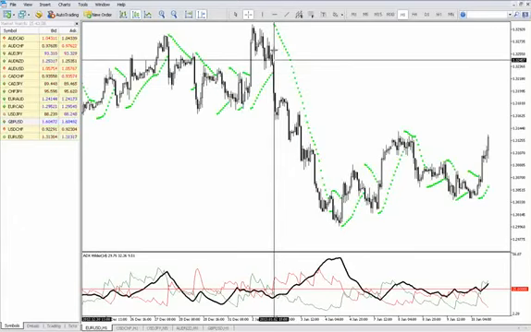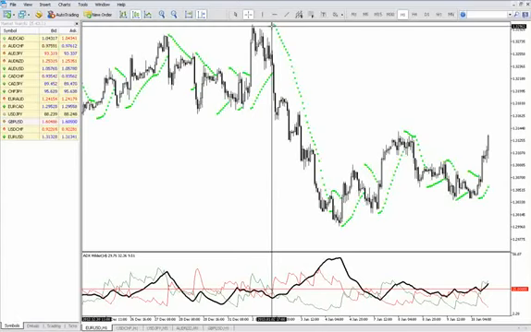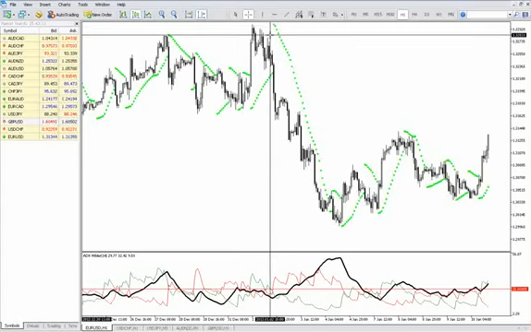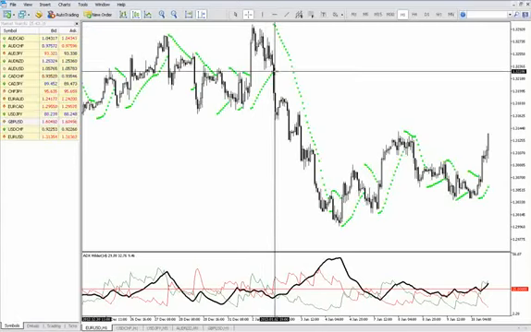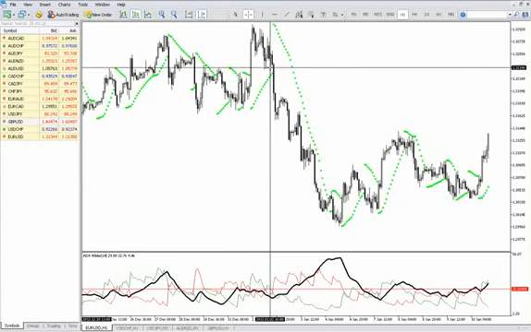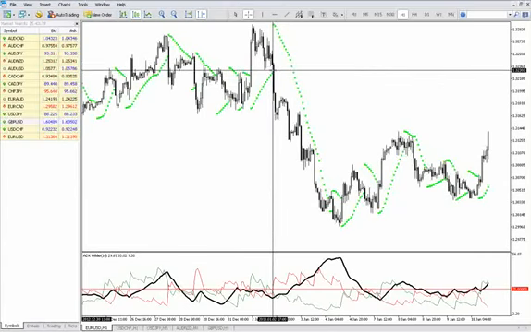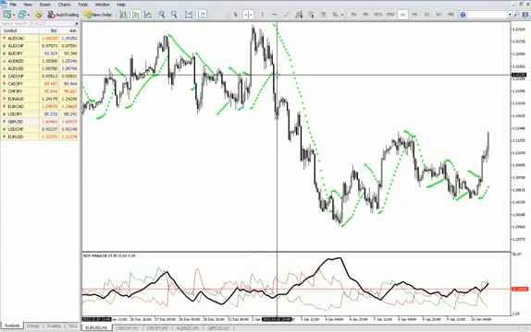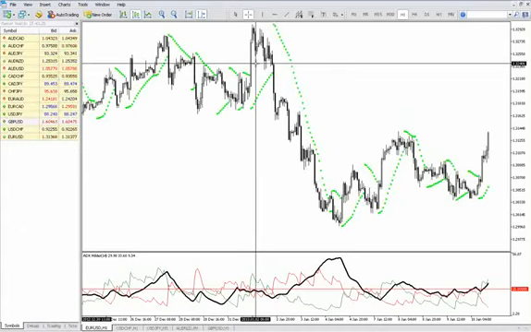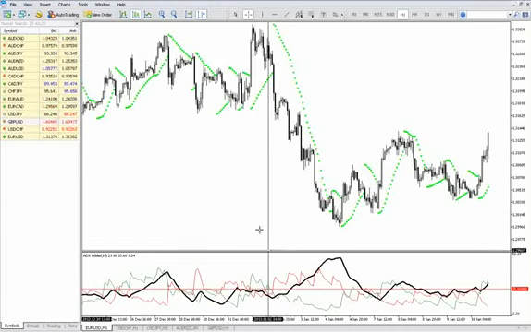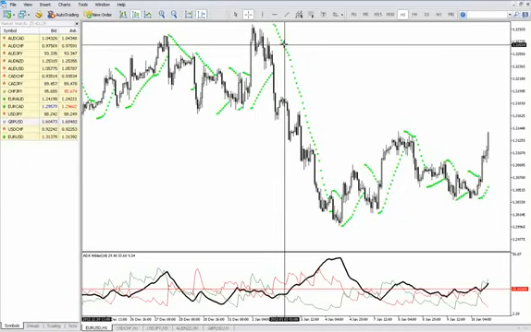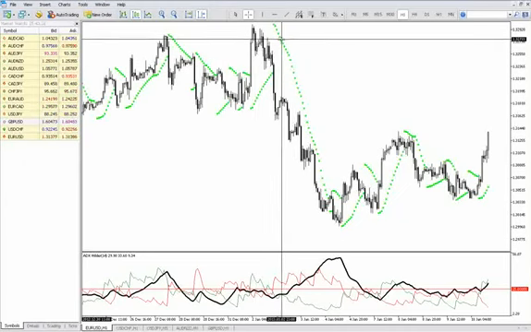If there is a dot below and a dot above and they line up with each other, there's nothing happening. Even if you see the price going down, it's not even for you to look into. Once dots on one side start to disappear, and the dots on the other side continue, as you can see here, that's when you start taking notice of the trend.